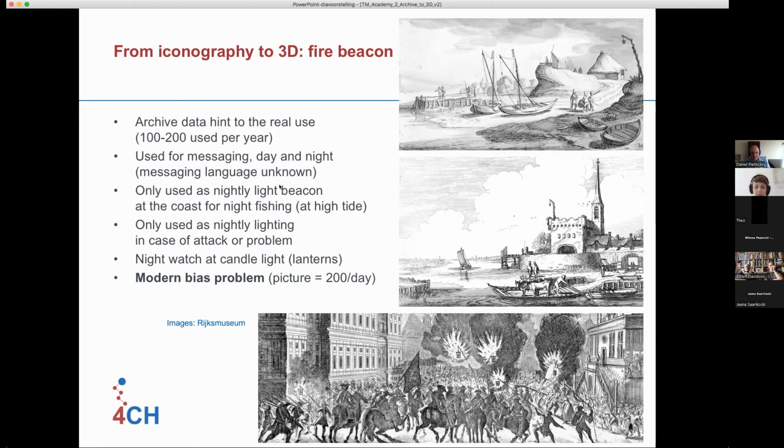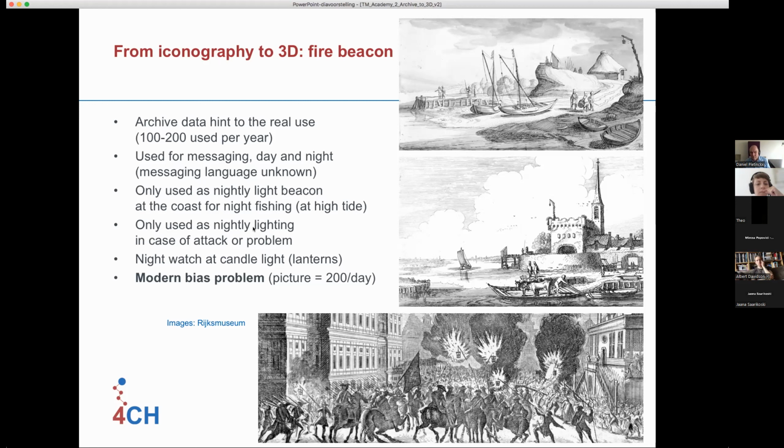And if you are with your boat in the middle of the sea in a pitch black night and want to come back to the harbor, it's very useful that the harbor is indicated with these fire beacons. And they only lit the fire beacons when the tide was high enough to enter the harbor. That was the way it was done, and that's very neatly described in medieval texts.